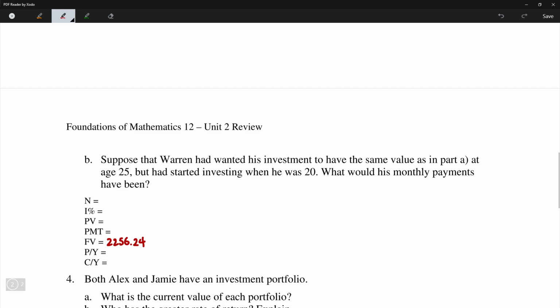So instead of having 240 months, this will simply be 5 times 12, so 60 months time investment. So the assumption is that the interest rate is the same, so 5.8%. Still no present value, and these are both still 12s. And now we're looking for what will be the new monthly payments.